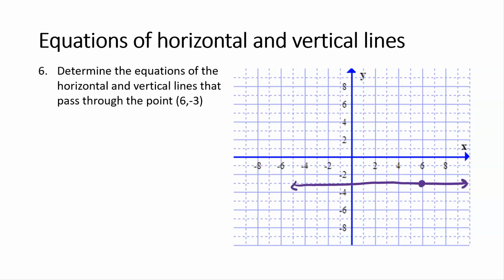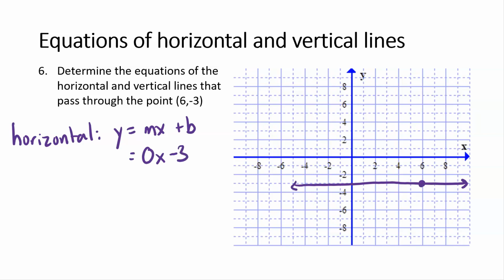And with the horizontal line, if you were to look at the slope-intercept form, slope-intercept form says it's y equals the slope times x plus the y-intercept. But the slope is 0, right? A horizontal line, the slope is 0, there is no rise. So this is like 0 times x, whereas your y-intercept is -3. So your horizontal line, the equation is going to be y equals -3, because 0 times x is just 0.